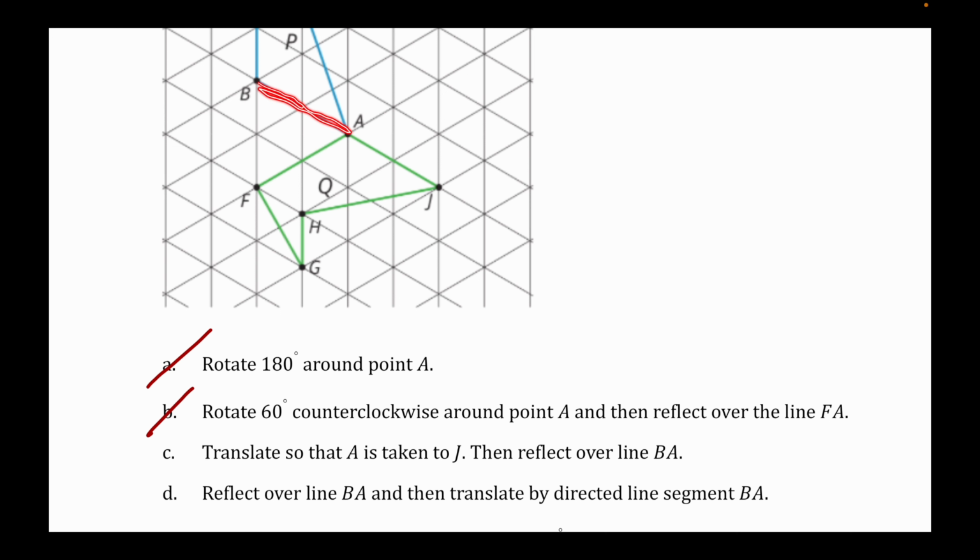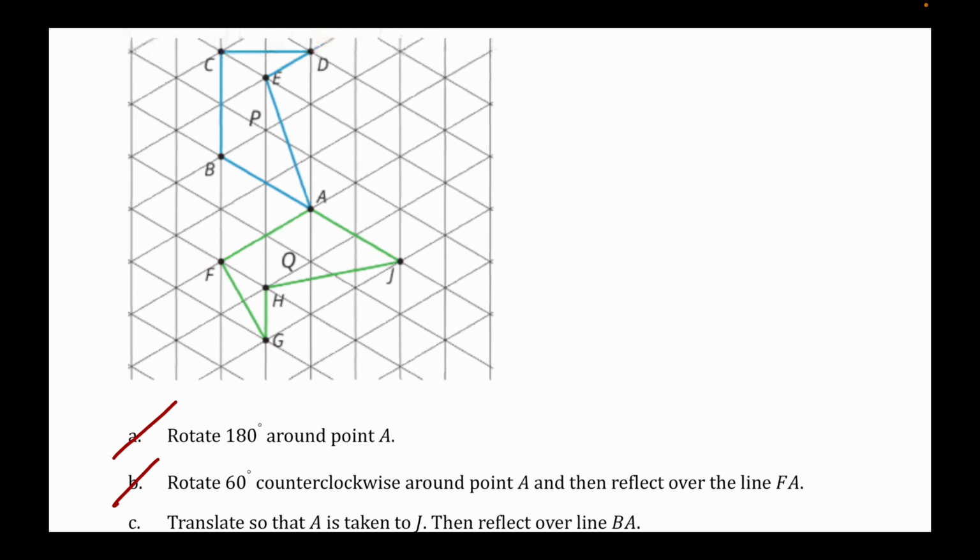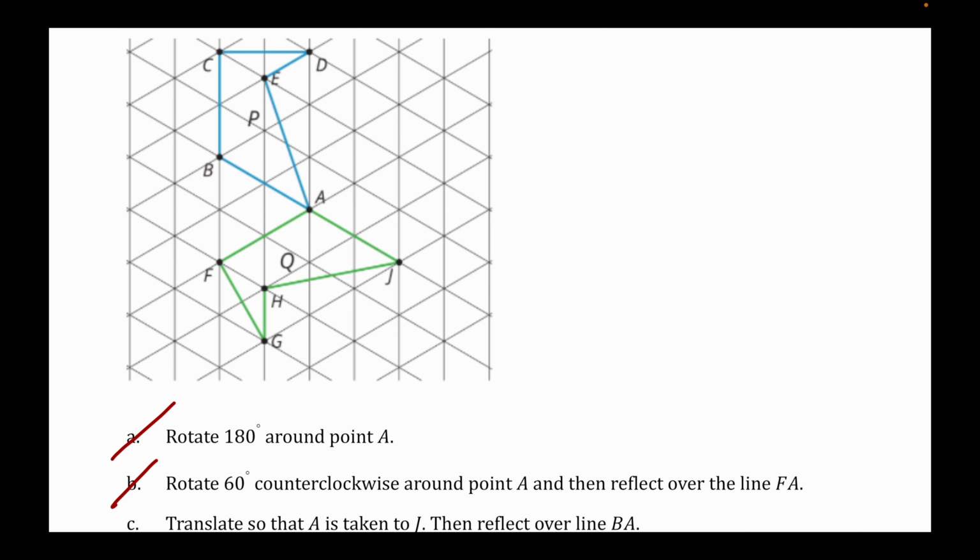That means this line right here is going to move and is going to line up right here with this piece. So I'm actually going to draw this one so you can see it a little bit clearer. So if A is taken to J, that means that E, well, we're really moving in this direction, and it's like 2 units here. So I'm going to do the same thing with E and move it in that same direction 2 units, and it'll end up here.